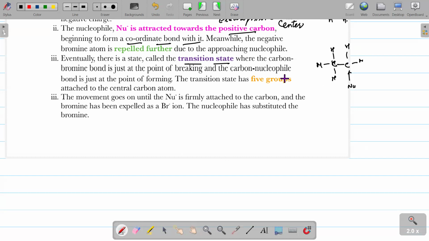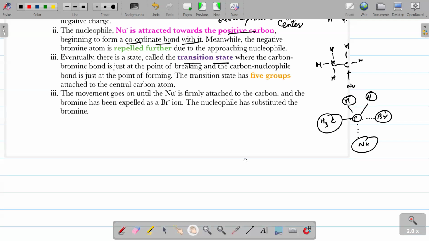If I draw in this case, the transition state will be like this: bromine, nucleophile, hydrogen, hydrogen, and this methyl group. So how many groups are attached with this central carbon? 1, 2, 3, 4, and 5. It's an intermediate in this particular case, where we are using bromoethane as an example. Is it clear?